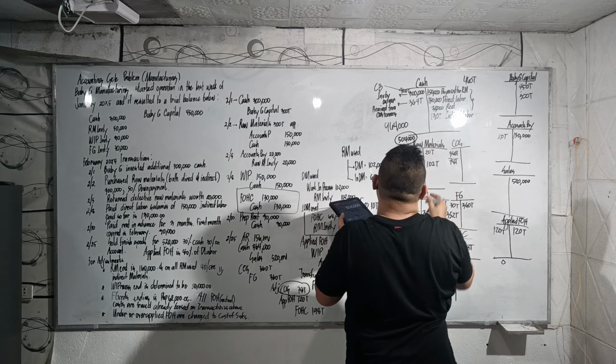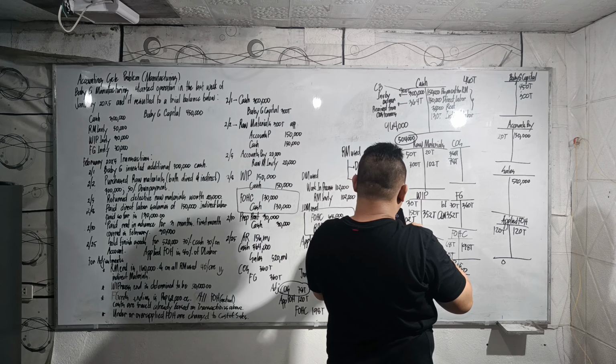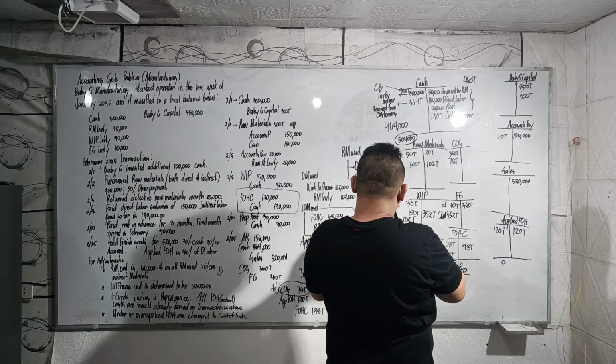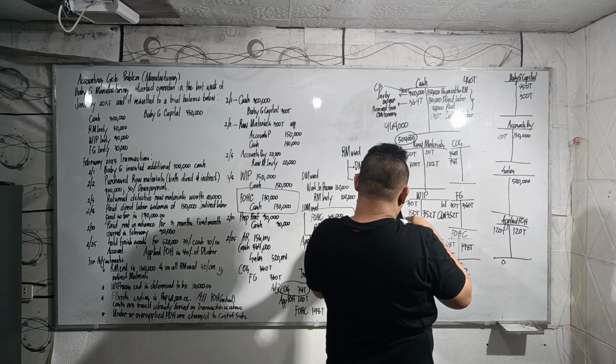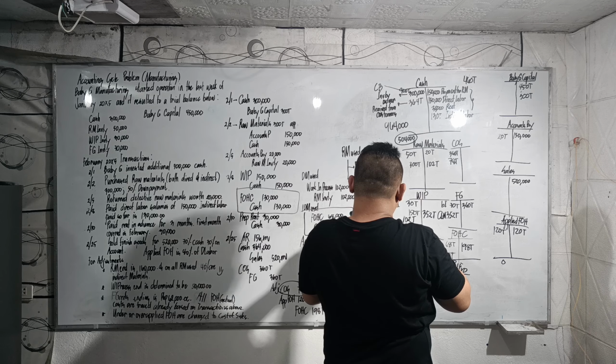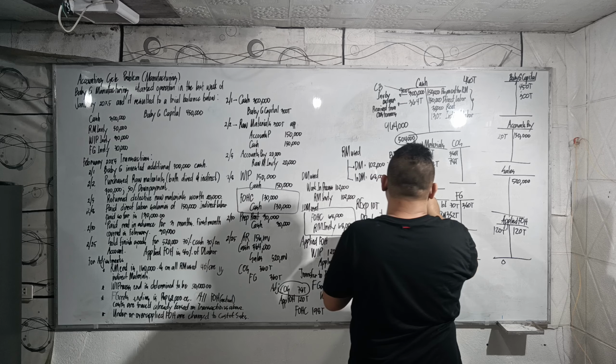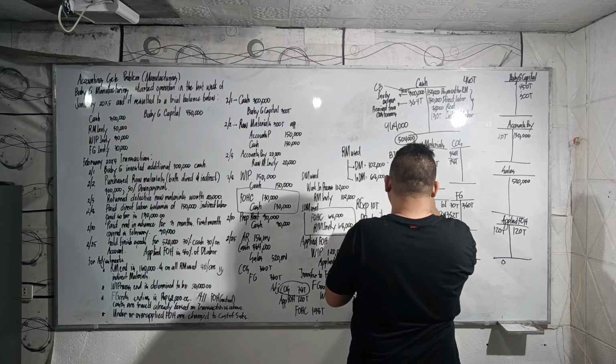Let's encircle that one. How about the raw materials? We have a beginning of 50,000 plus 300, but we returned the 20, minus 102,000 because we have issued it for production. So raw materials has a 228,000 balance.